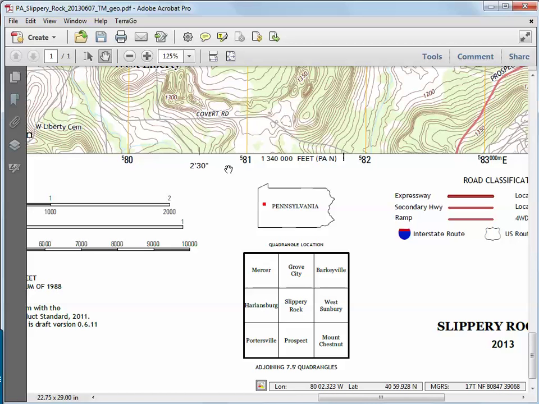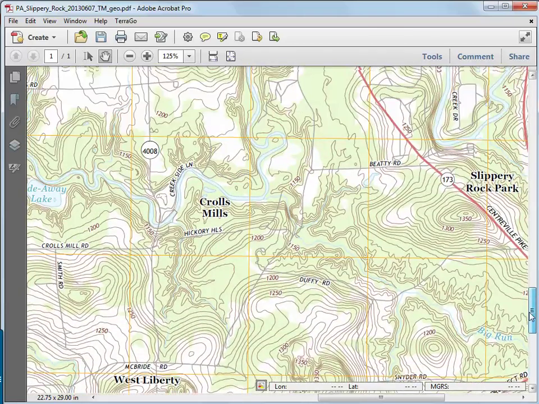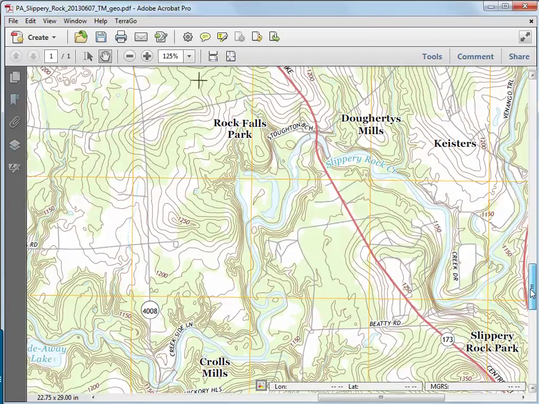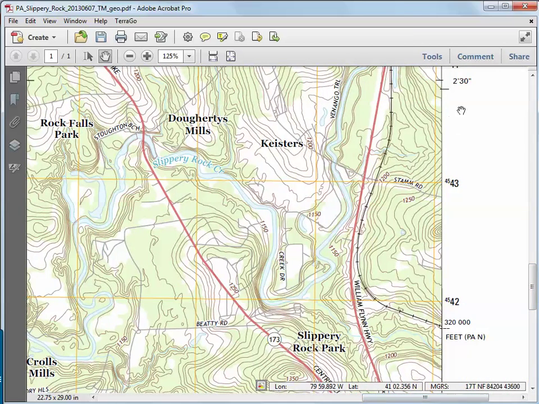And then we have to go up, and so let's go up a ways. We know it's past Crowell's Mill. And then I'm going to go over, and I'm going to look at this graticule, and I say, well, here's 2 minutes 30 seconds, 41 2 minutes 30 seconds. So I know I have to be at 2:20, and so that's going to be down here. And as I follow that across, I'll see that, in fact, we're looking for Rock Falls Park.